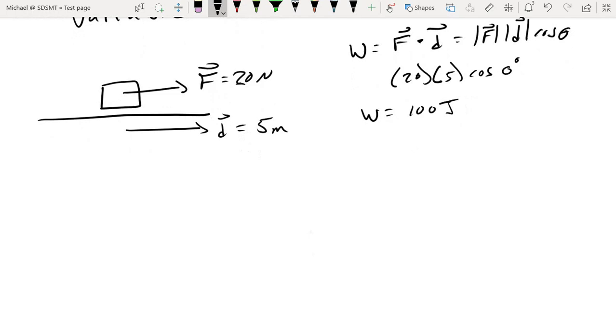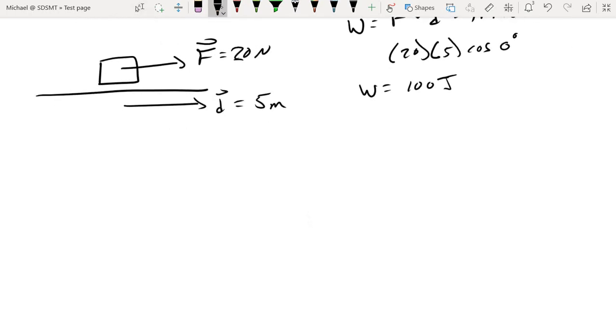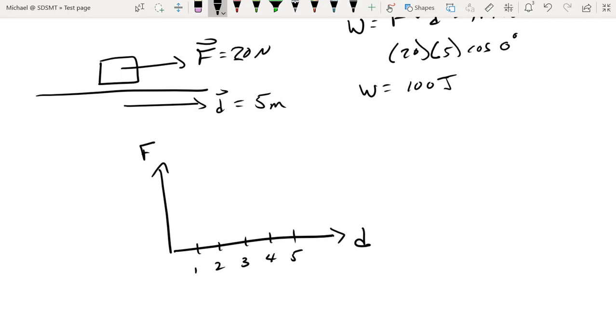Let's take that same set of numbers and let's graph it. Let's graph the displacement versus the force. And this probably isn't going to look all that glamorous, but we're going to displace over 5 meters.